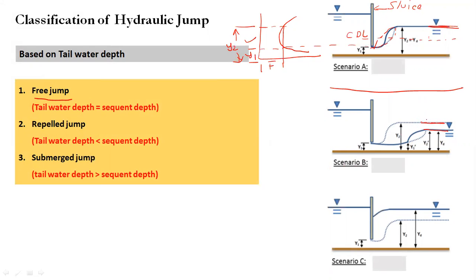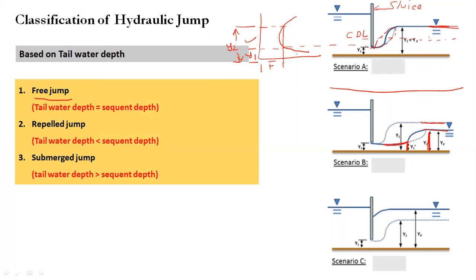We saw last time that as the available depth in the downstream is less, the initial depth increases slowly up to a certain depth, such that this new y1 dash and this new y2 become sequent depths.